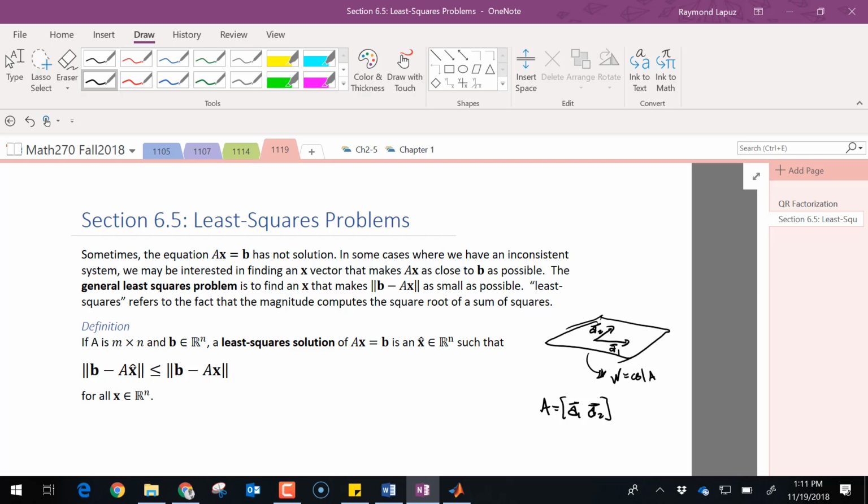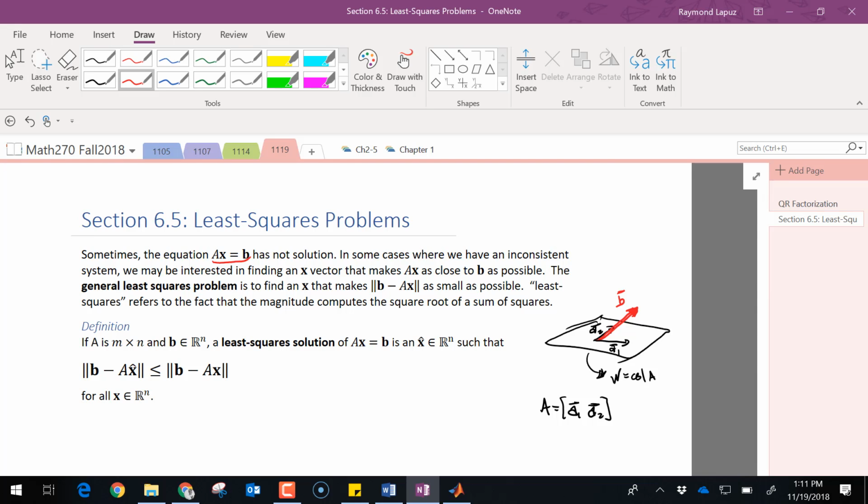And then imagine B as a vector that's not in that subspace. So if B is not in the span of those two vectors, A1 and A2, then that means we're not going to get a solution to this equation AX equals B. So what's the closest you can get?